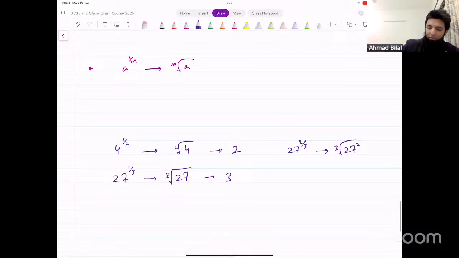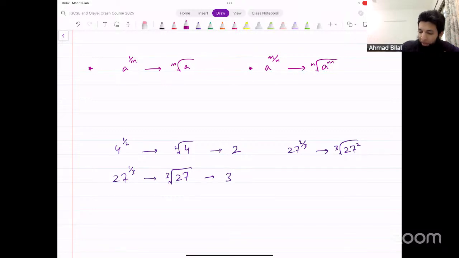Now, how do we generalize that? If we have a raised to the power m over n, this can be written as the nth root of a, and you have power m on top of that.